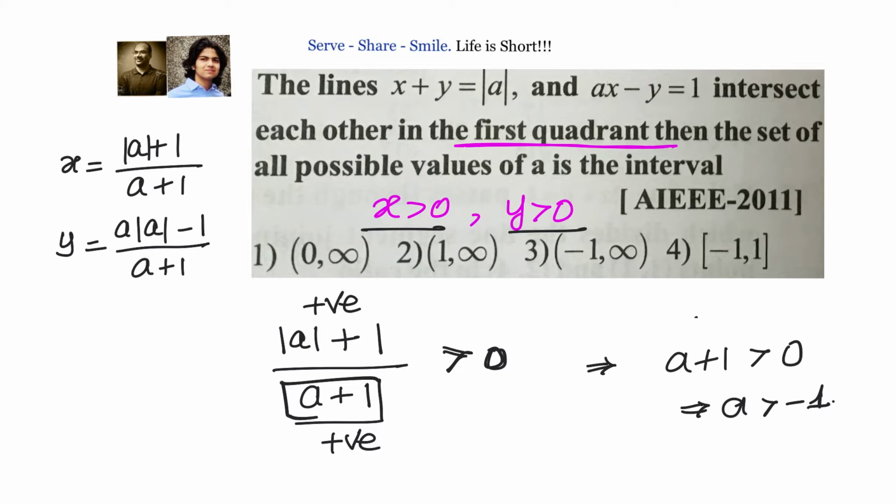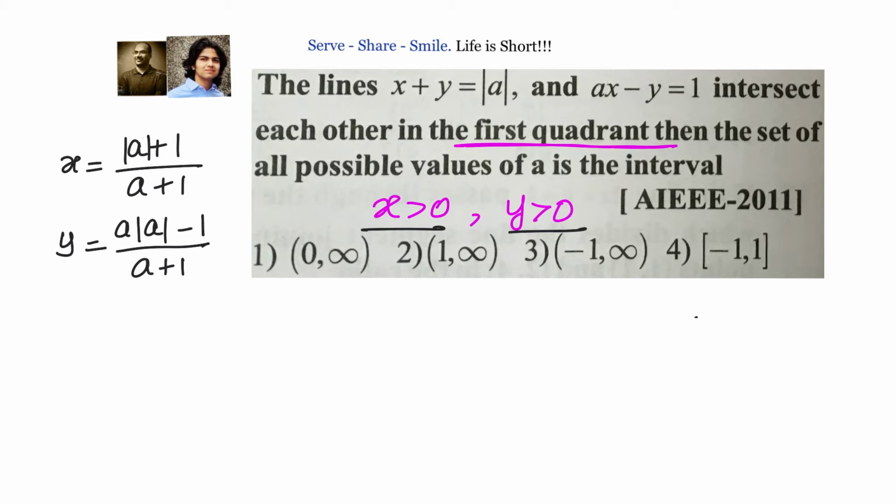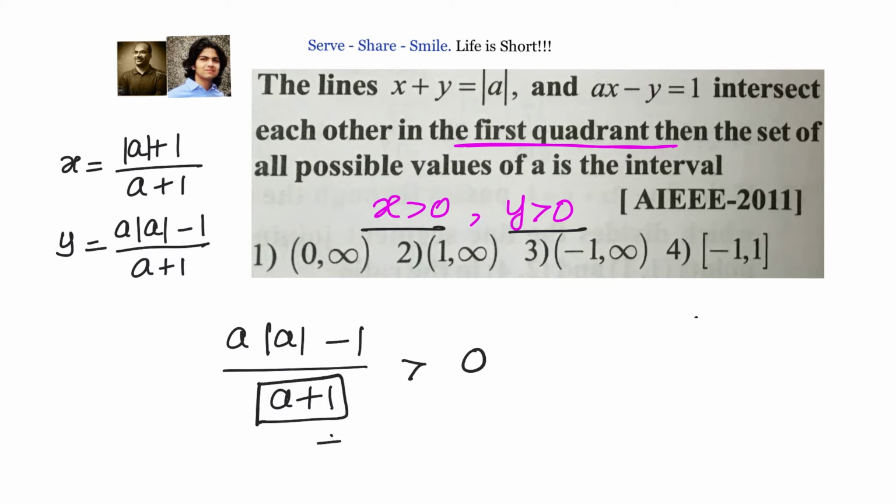Now let's go to y and see. Applying y greater than 0: a into mod a minus 1 by a plus 1 is greater than 0. Now we know that the denominator has to be positive and the numerator also has to be positive, then only it will be greater than 0.